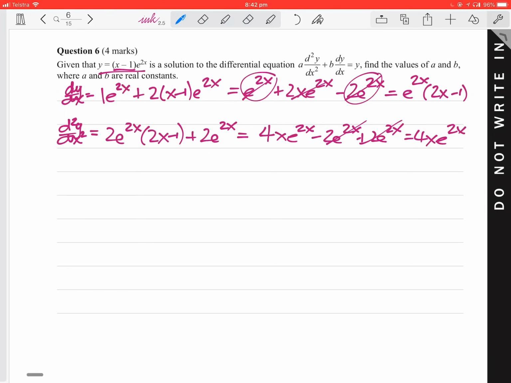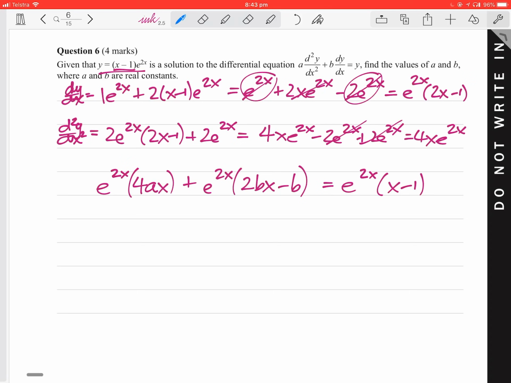Okay, a dy dx. So a times 4x e to the 2x, that's a d squared y dx squared. Let's make it better and put the e to the 2x out the front. e to the 2x times 4ax plus b dy dx, do the same thing: e to the 2x times 2bx minus b, plus y, equals e to the 2x times x minus 1.